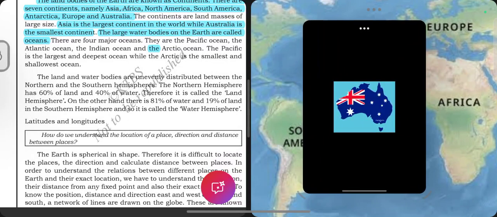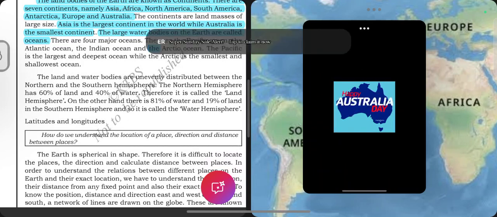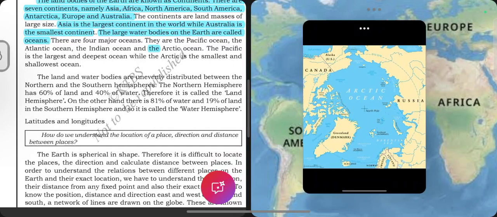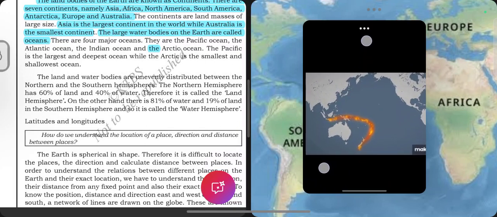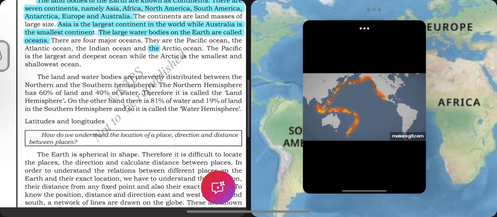And after that, the largest and the smallest. The Pacific Ocean is the largest. You can see this is the Arctic Ocean, which is very, very small, and this is the Pacific Ocean, which is the largest.